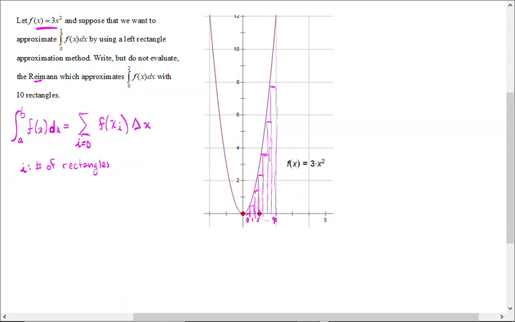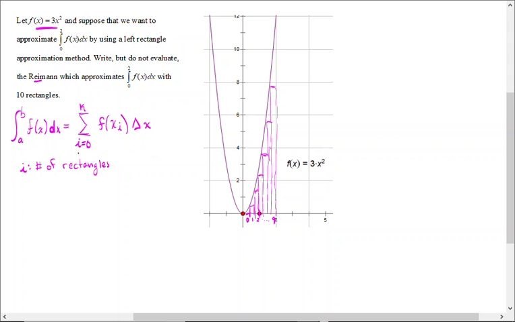So the counting variable is going to be from 0 to 9 in this case. I guess I should have written the formula. So instead of saying from 0 to 9, I should be saying from 0 to, let's say, some value k, the number of rectangles.